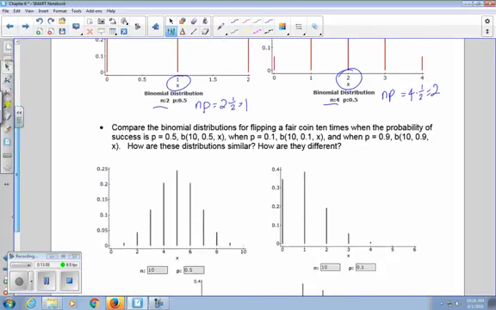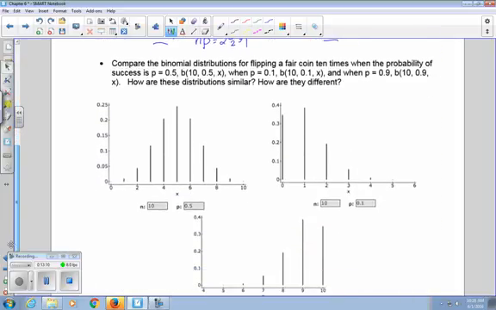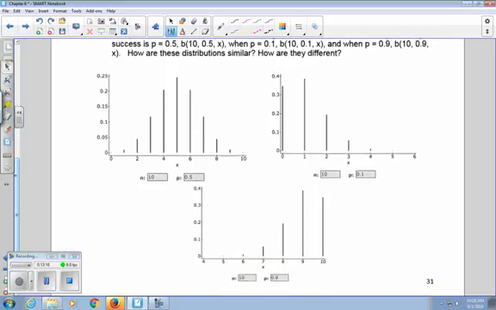Now let's look at what happens when the probability of success changes. For all 3 of these distributions, we're looking at n equals 10. So the number of trials is the same. But notice that the probability of success has changed.